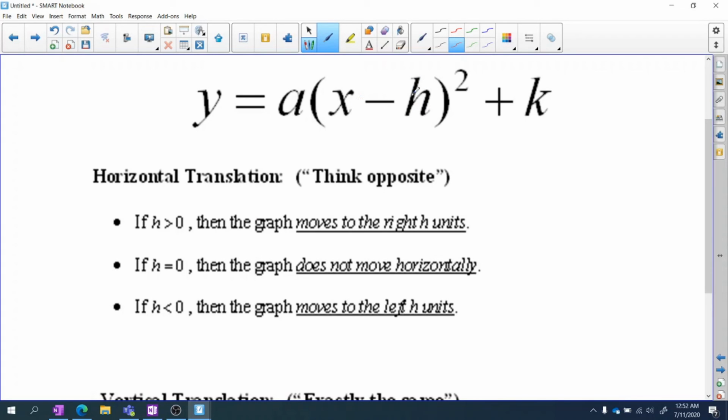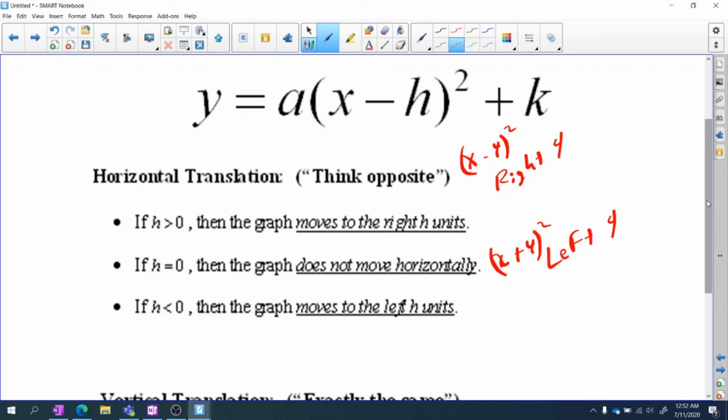If it's x minus some number, so if it was (x minus 4) squared, that's going right 4. If it's (x plus 4) squared, it's going left 4. And of course, if there was nothing here, if it was just x squared, no number, it wouldn't move left or right.